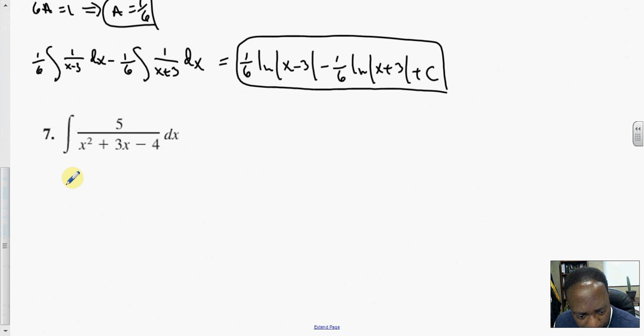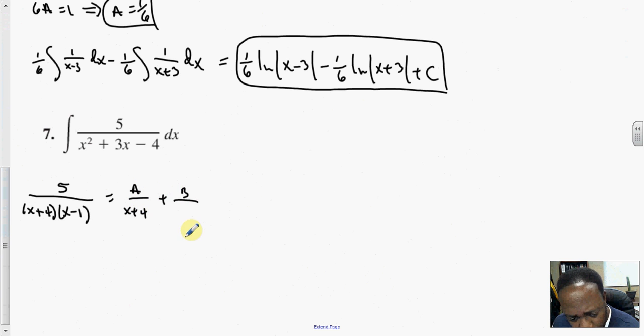So here we're going to break down this fraction. We have 5 over, let's see if we can go ahead and factor here, x plus 4 times x minus 1. We write this as A over x plus 4 plus B over x minus 1.